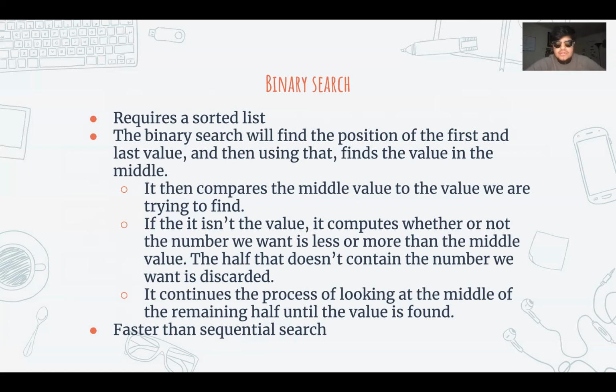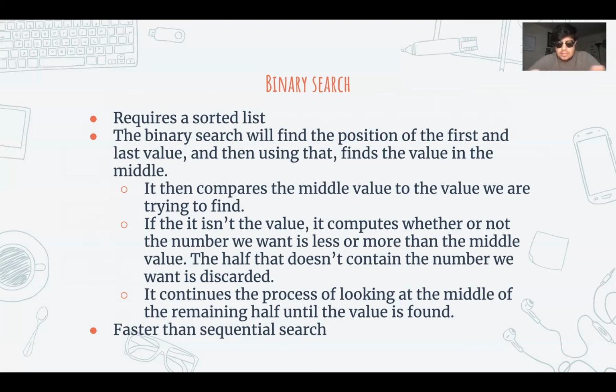Same concept if the midpoint is greater than the target value. Then we know that the target can't be anything past the midpoint, because we already know the midpoint is greater, so anything past the midpoint would also be greater.